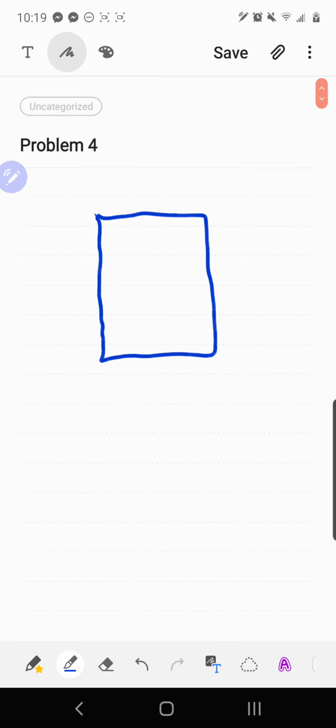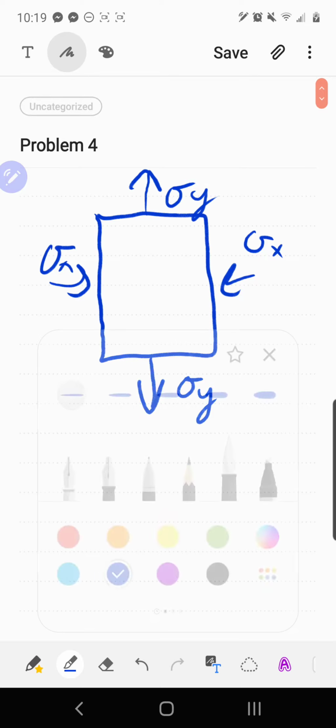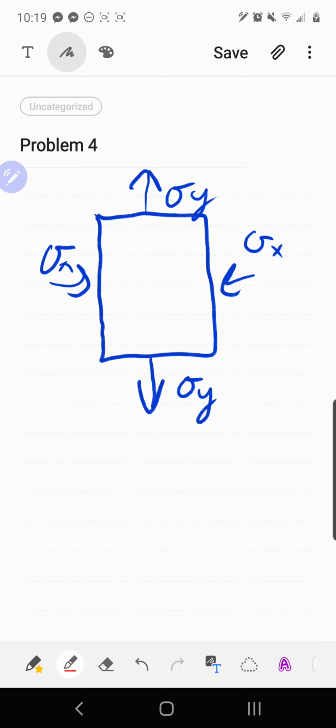We have a compression force of sigma x and a tension sigma y, along with some shear stress, tau xy, going in exactly the same directions as they were in the first problem.